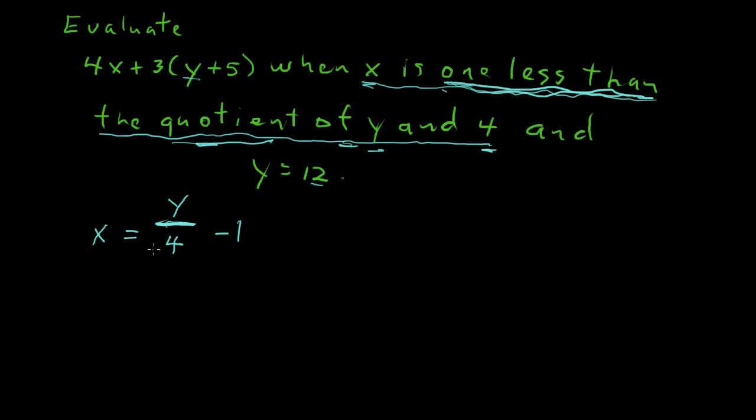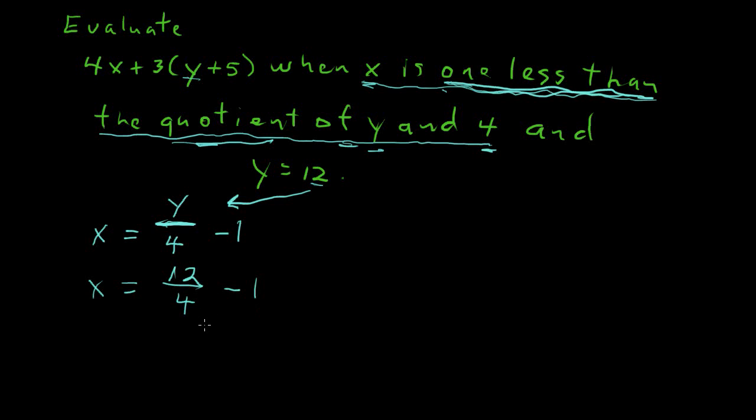Okay, now can we find out what x is? Yes, because we know what y is. Y is equal to 12. And so we're going to evaluate this equation and find a value for x. So we write down x equals, and we replace y with 12, divided by 4, subtract 1. Now the next thing we need to remember is the order of operations.